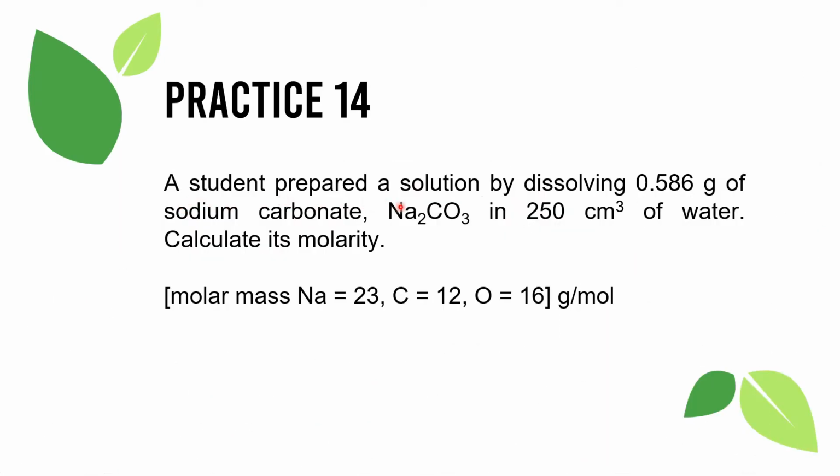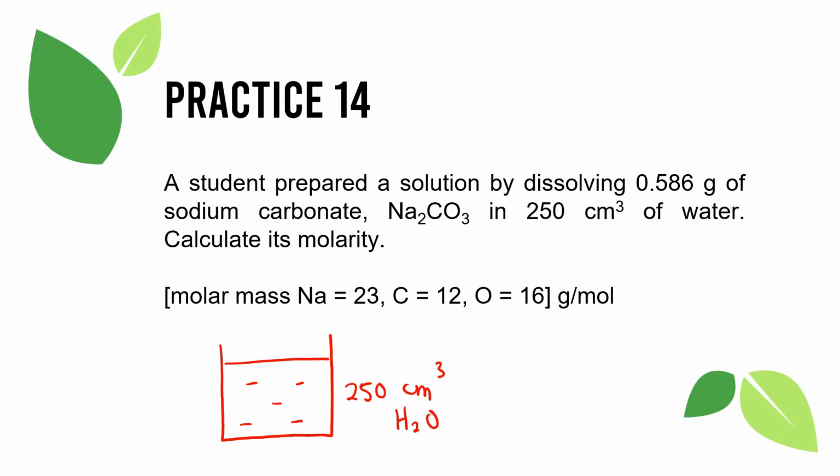A student prepared a solution by dissolving 0.586 gram of sodium carbonate in 250 cm3 of water. Calculate its molarity. So from this information, we have a beaker containing 250 cm3 of water, and then later on you add 0.586 gram of sodium carbonate.